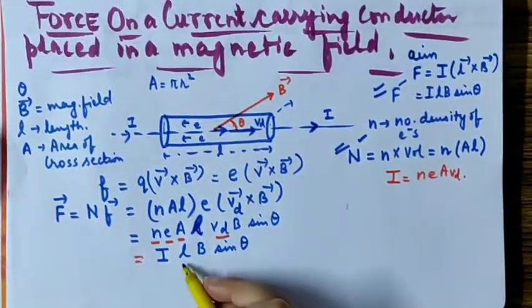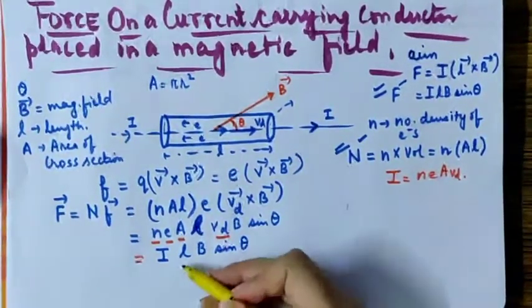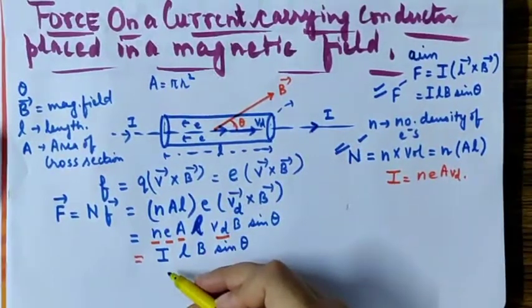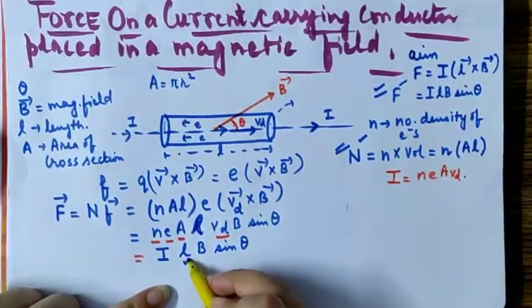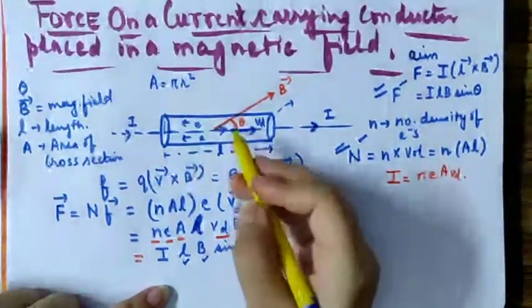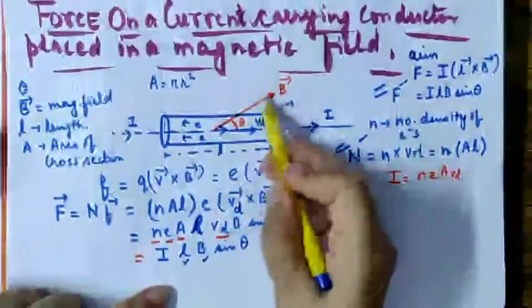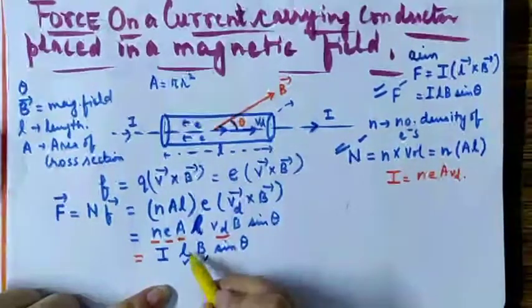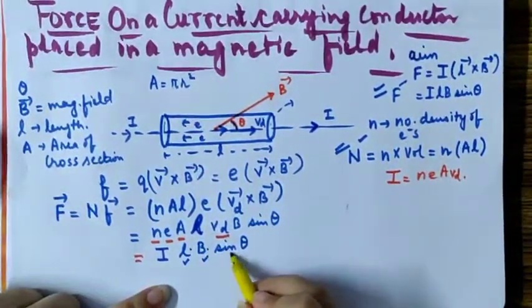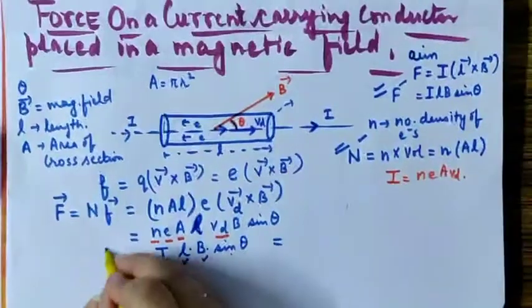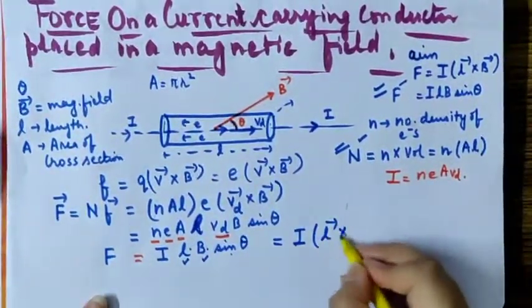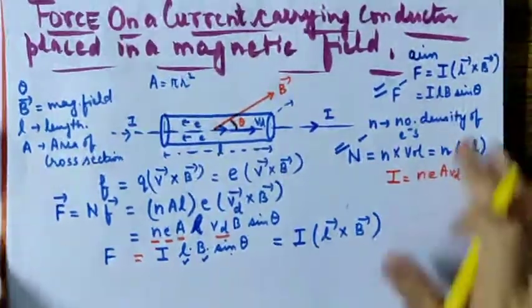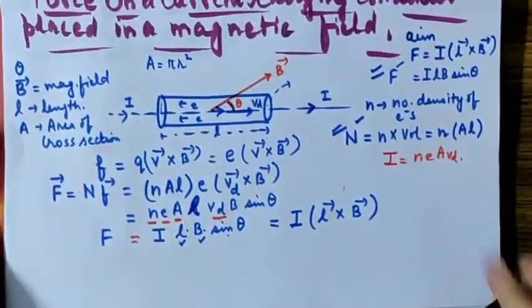So L is not a vector quantity, but if L is multiplied with the current, then the direction of current will be equal to the direction of L vector. Now with the magnetic field, what is the angle between L vector and magnetic field? It is equal to theta. Then first vector, second vector, sine of the angle between them, meaning it is the cross product of them. So the answer comes out to be I L cross B. So this is our answer. We aimed to find out this answer.